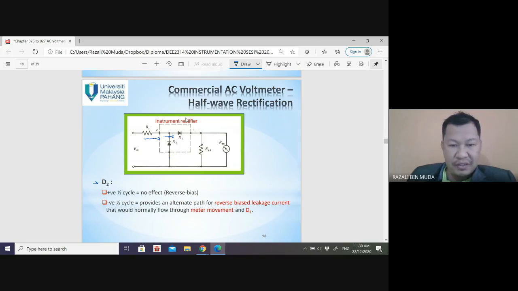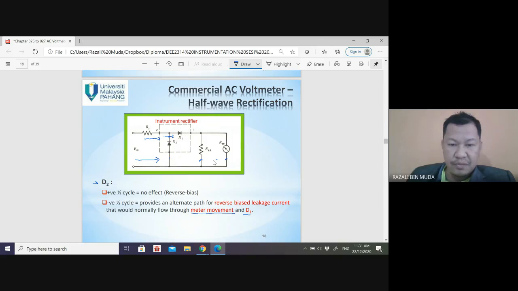But in the negative half cycle, when the current flows this way, D2 provides an alternate path for reverse bias leakage current that would normally flow through the meter movement and D1. So for the negative cycle, the current will go this way, through this and this.